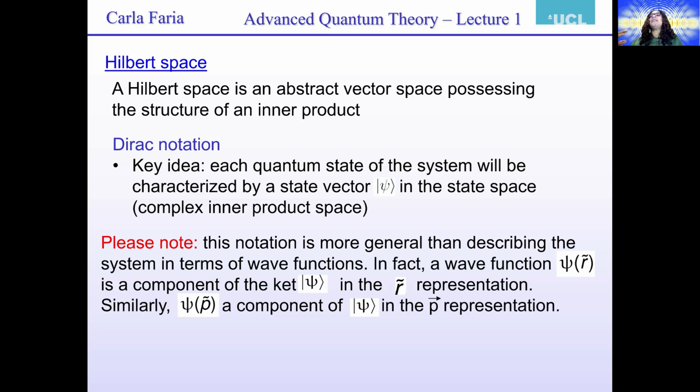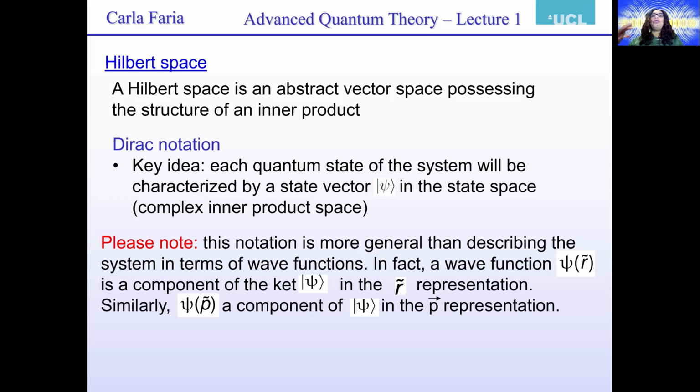If you want to think about it, this is like when you have a vector and you describe this in Cartesian coordinates or polar coordinates or spherical coordinates, whatever you want. You cannot mix up the two things.